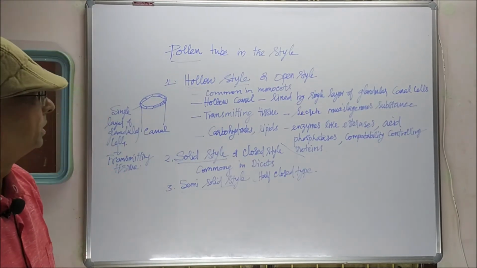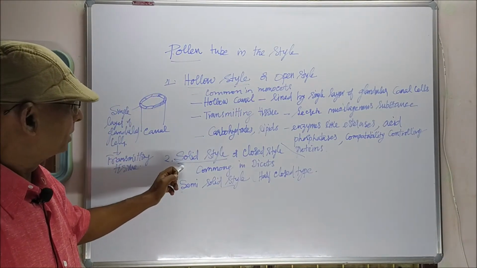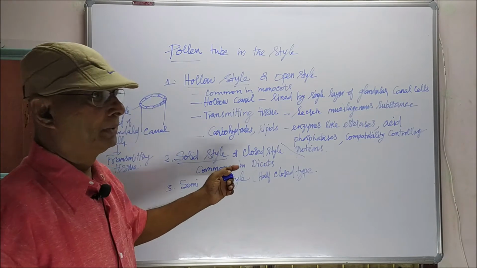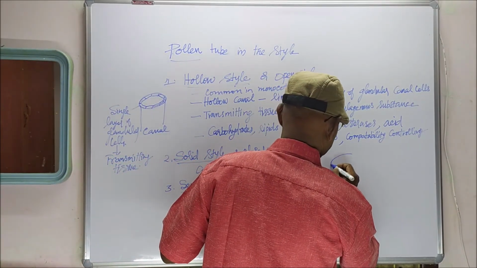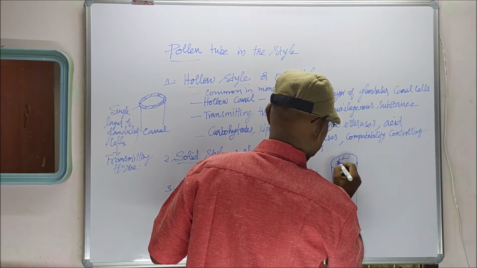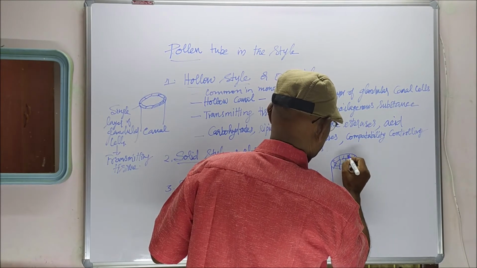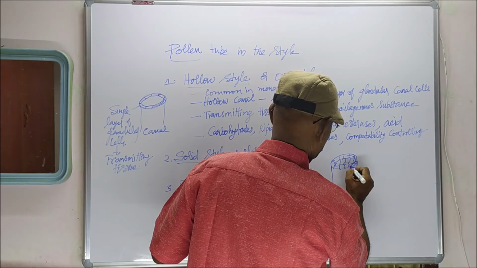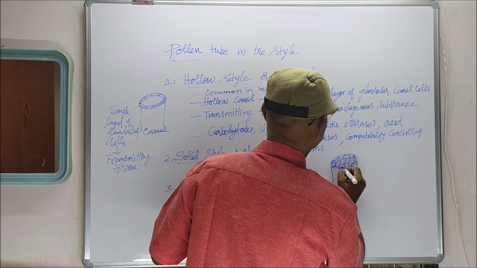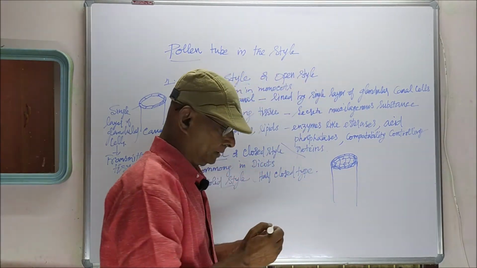So that is about the hollow style or open style. Come to the second one, solid style or closed style. It is very common in dicots. Here the style is completely closed with cells, like this.